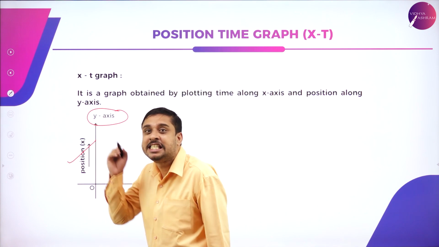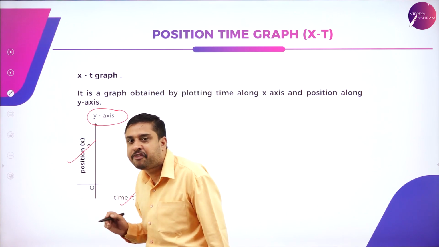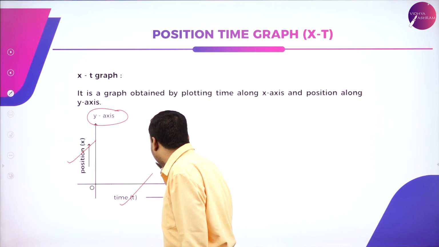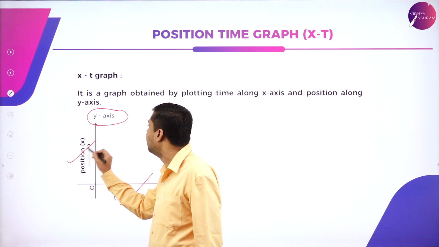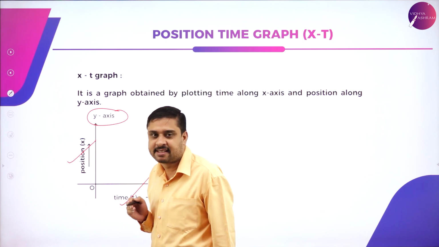This is position time graph, xt graph, where time is plotted along x-axis and position along y-axis.